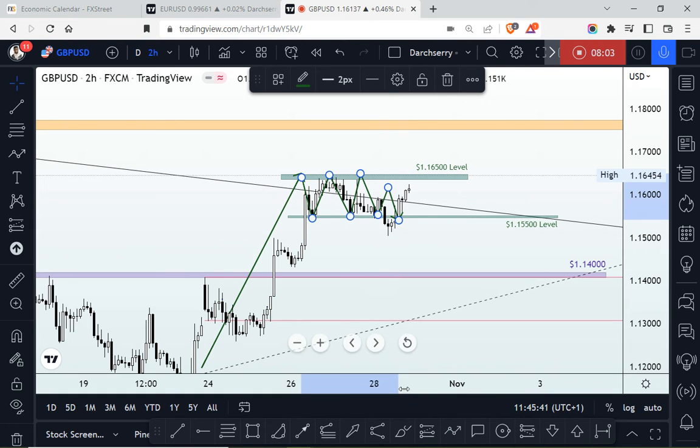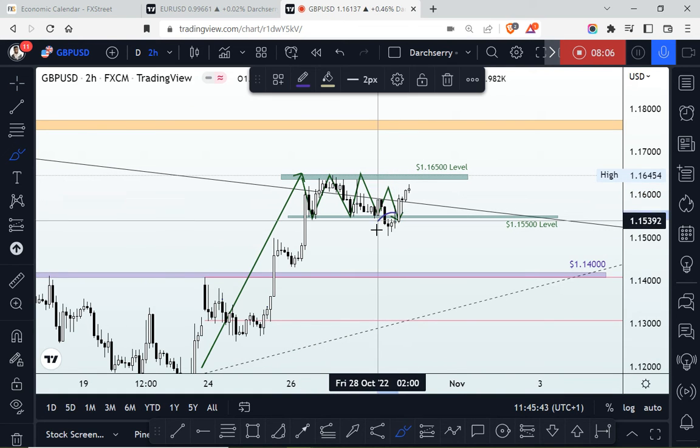Though we had the breakdown of the structure, immediately price came right above that level.